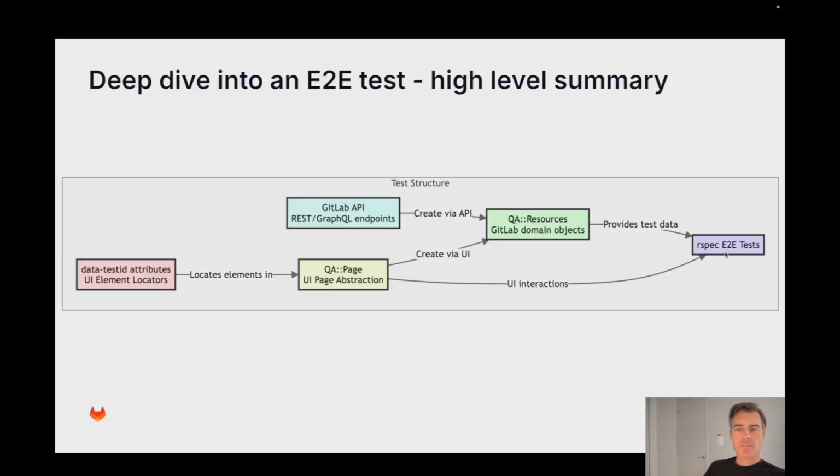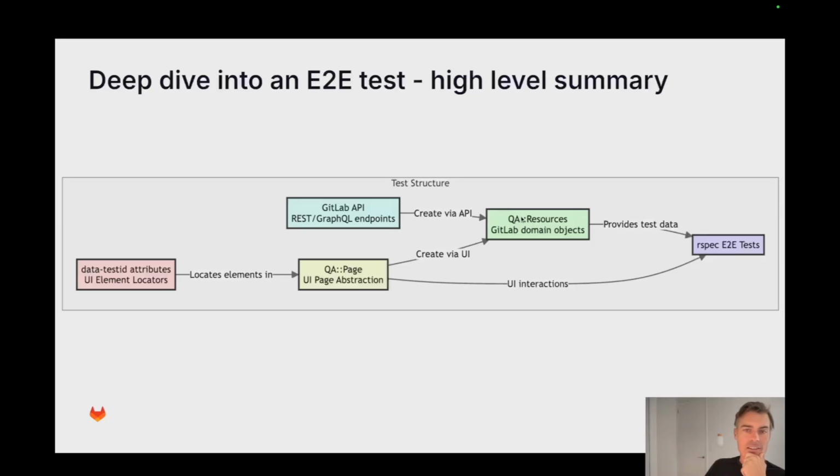So at the top level, we have the RSpec file, which represents the end-to-end test. It uses page objects to drive UI interactions. It also uses QA resources, which are GitLab domain objects, which provide the test with test data.